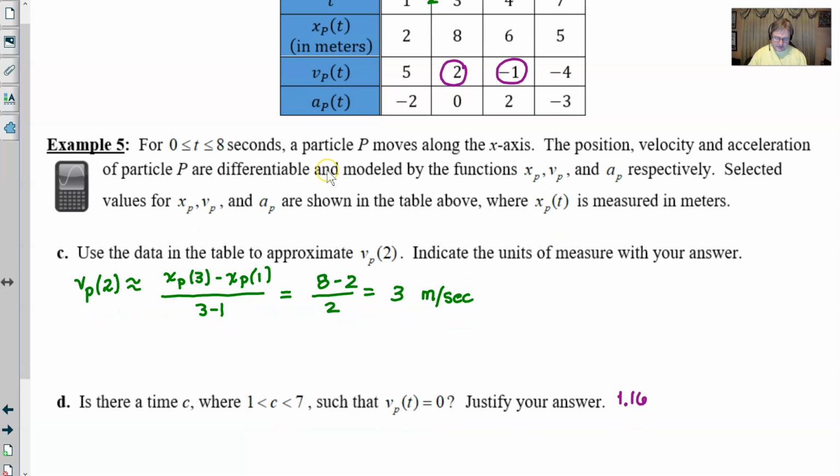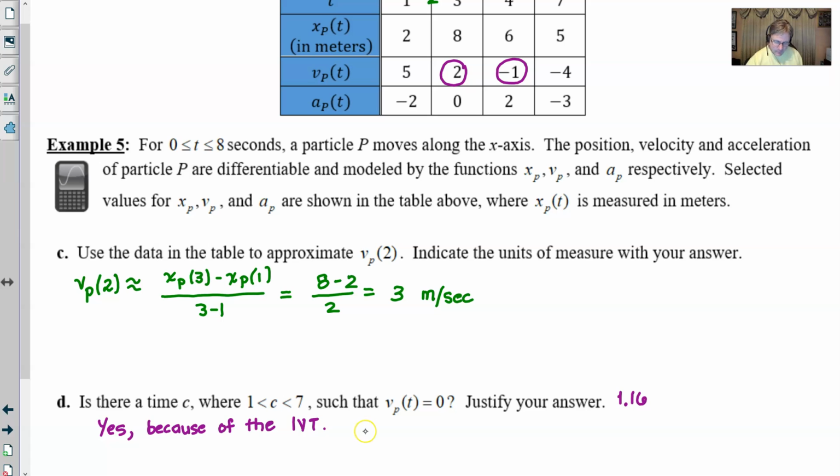So we could say that, yes, this is definitely true. And if you want to be even more thorough, you could say, yes, because of the intermediate value theorem, and I'm just going to abbreviate that. Now, you do not have to mention the theorem by name. That's not a requirement. But you do have to talk about the conditions of the theorem and what the theorem is saying.